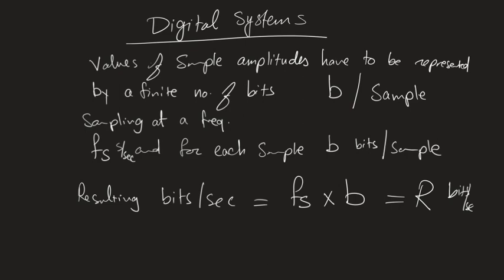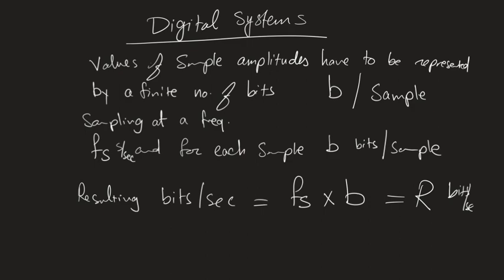So where do I find B, the number of bits needed? If you are a computer engineer or a computer scientist and you want to calculate that, you will ask me what the precision is, how many digits after the decimal point and how many before, and accordingly I can calculate the required number of bits. But we don't go there.